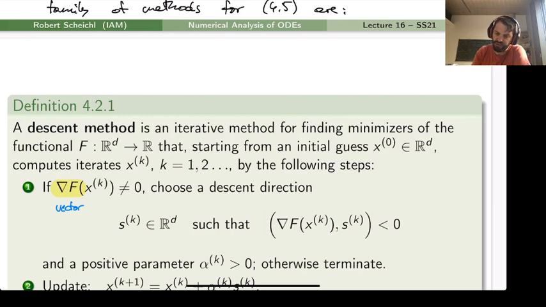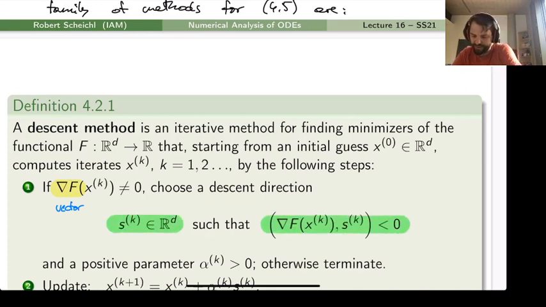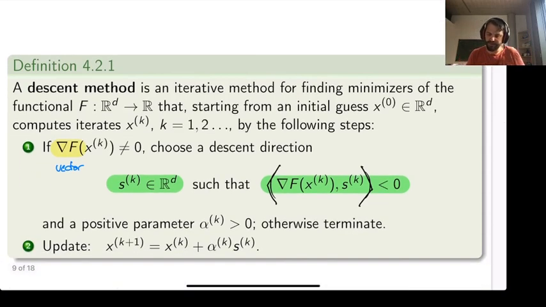So this is not a unique choice, but we choose a direction sk in Rd such that the inner product of the gradient of F at xk with sk is less than 0. Then you pick a positive parameter alpha k, because in this direction the function is decreased.